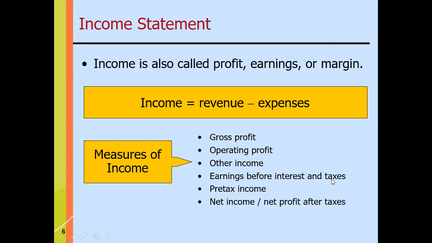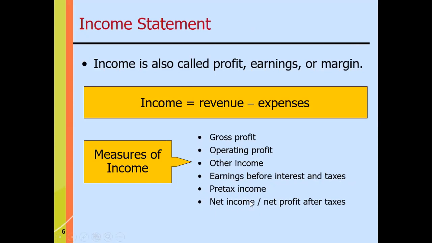Normally operating profit is the same as pre-tax income, depending on the books, but that's the observation that I've seen. Earnings before interest and taxes will be, of course, prior to the deduction of interest, while operating profit and pre-tax normally have already deducted the interest, not the taxes. So we can say it's earnings before taxes, EBT.